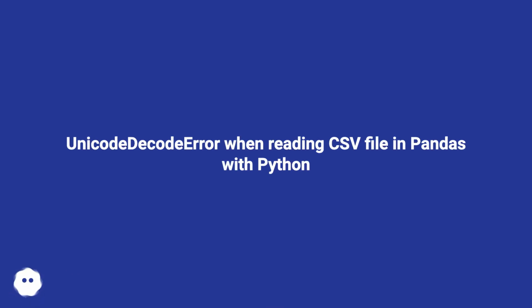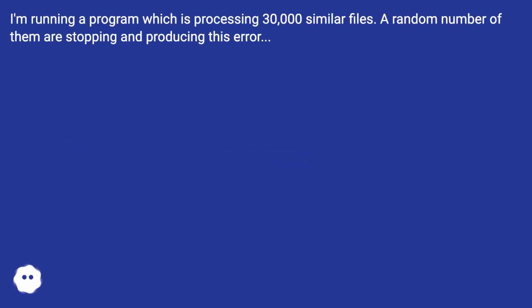UnicodeDecodeError when reading CSV file in Pandas with Python. I'm running a program which is processing 30,000 similar files. A random number of them are stopping and producing this error.